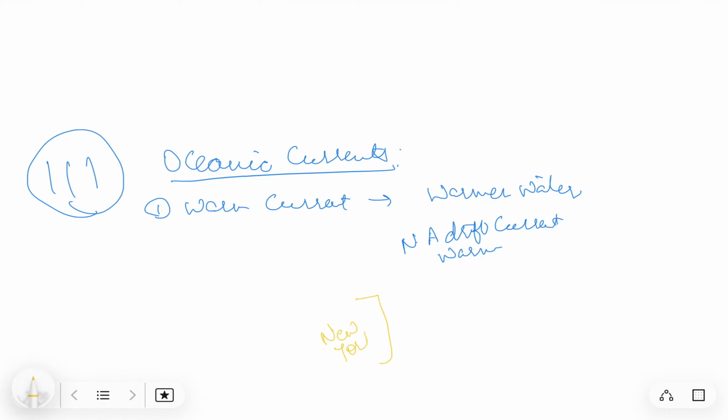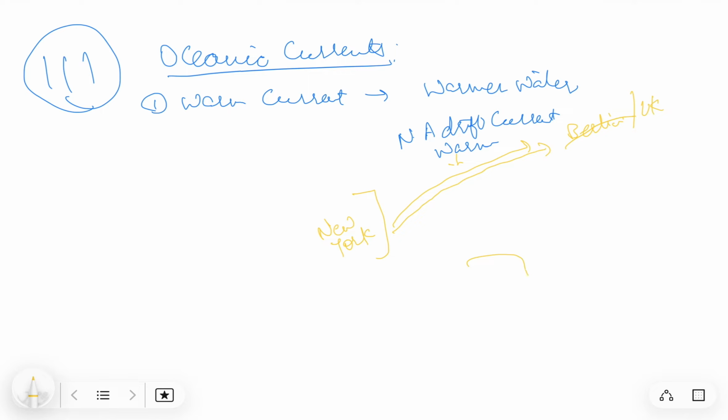It will flow from New York like this, and here we have the UK, Norway. So the area of Norway and the UK will have the same degree of temperature, instead of having different latitudes, because the North Atlantic drift current flows from New York to the UK. So the temperature will rise in that surrounding area. So this will affect it.